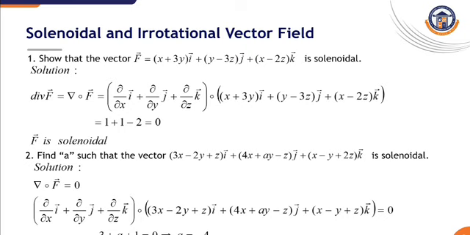Now, using the same idea, we determine constant values by applying the solenoidal concept. See the second problem: find the value of a such that the vector 3x minus 2y plus z into i vector, plus 4x plus ay minus z into j vector, plus x minus y plus 2z into k vector is solenoidal.